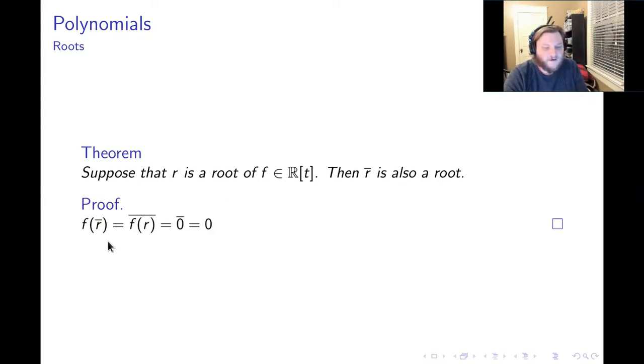And the proof here really just hinges on the fact that plugging in the conjugate of a number into a polynomial with real coefficients is the same thing as plugging in the original number and then taking the conjugate. So f of the conjugate of r is equal to the conjugate of f of r, but if r is a root, that means f of r is 0, and the conjugate of 0 is just 0.